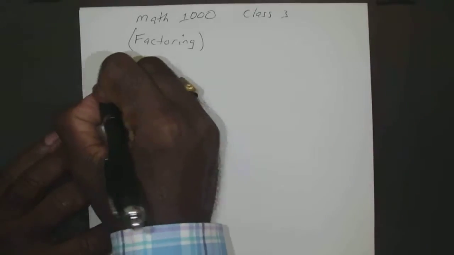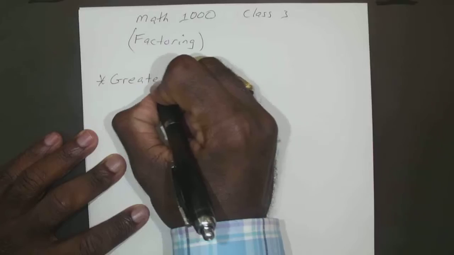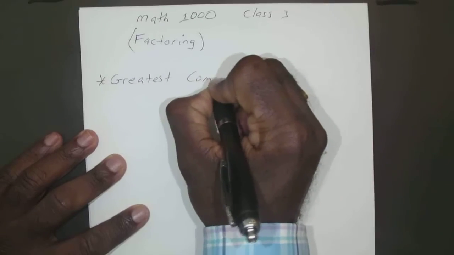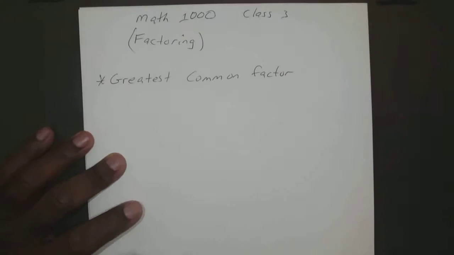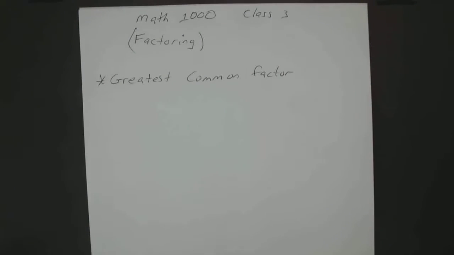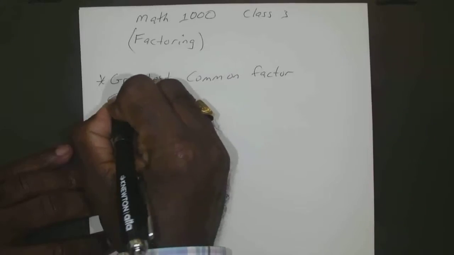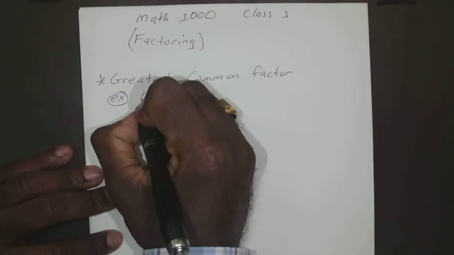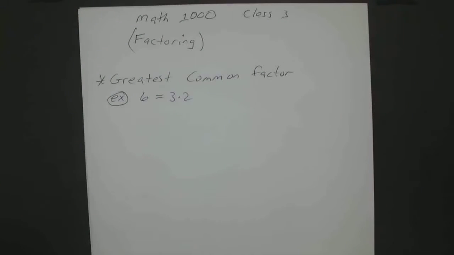Okay, so we're going to start off with the greatest common factor. Now, just to give you an idea of the definition of a factor, let's say, for example, we know that 6 is equal to 3 times 2.